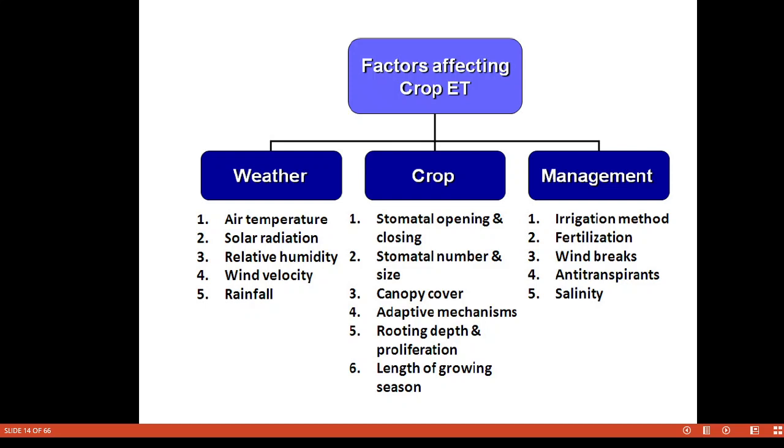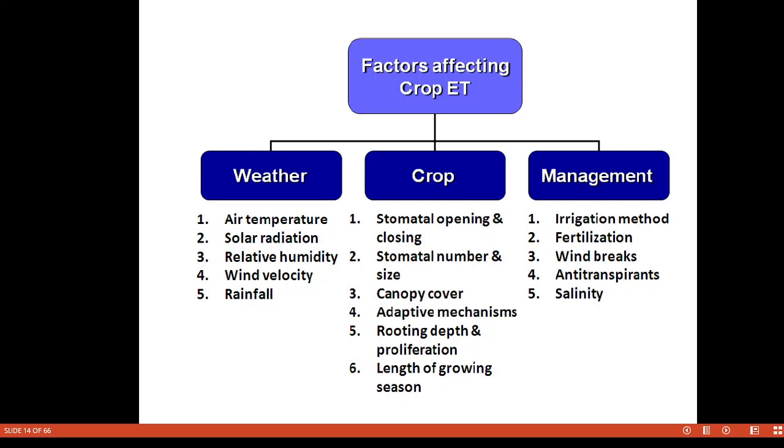Fertilization. A crop which grows healthy, automatically that crop is turgid. It has a lot of leaves, green leaves by the way, and all these will affect the amount of water being evaporated. A well-growing crop also evaporates a lot of water into the atmosphere than a crop which is less fertilized.